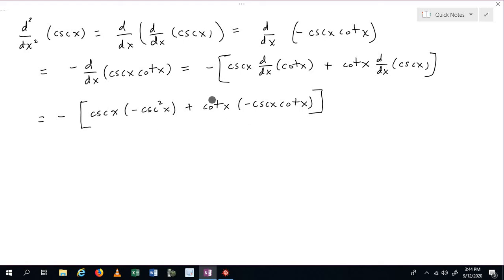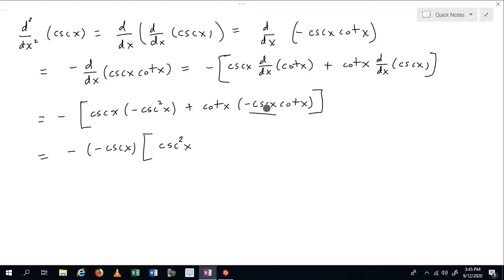Okay, so we end up with this, and let's just clean this up a little bit. You can factor out what's in common here. Notice that you have a cosecant of x here and a cosecant of x here that we can factor out. In fact, it may be useful to factor out a minus cosecant of x because we have a minus sign out front here. So I'm going to factor out minus cosecant of x. This minus sign and this cosecant are being factored out front, and that just leaves you with cosecant squared of x.